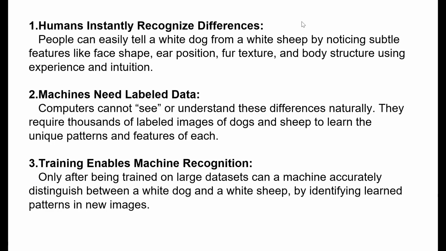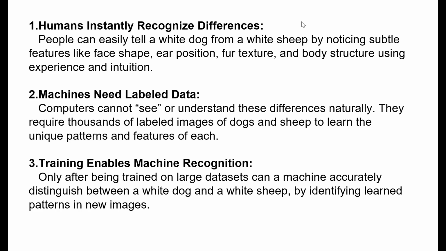People can easily tell a white dog from a white sheep by noticing features like face shape, air portion, fur texture, body structure, using experience or intuition. So there are different parameters, and by noticing those parameters, at the first glance, we can distinguish different objects.